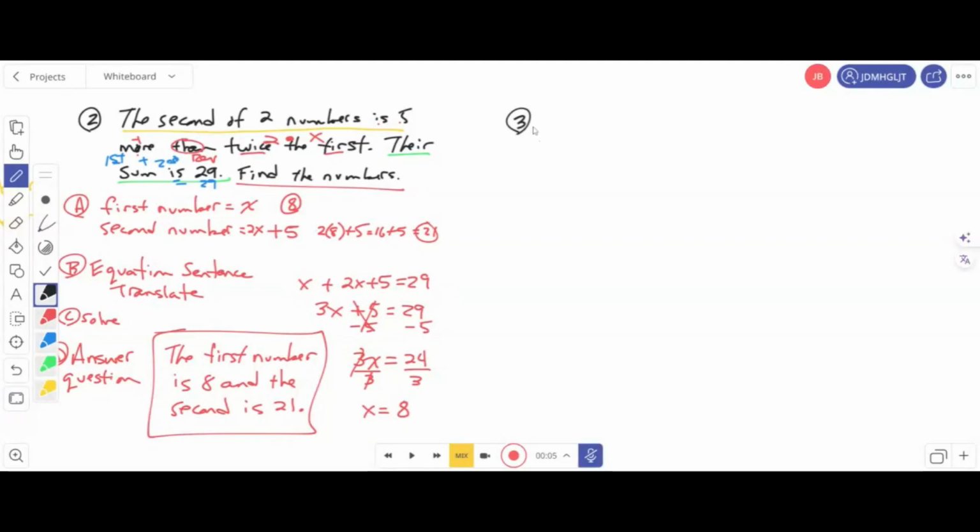Number 3 says the sum of two numbers is 42.